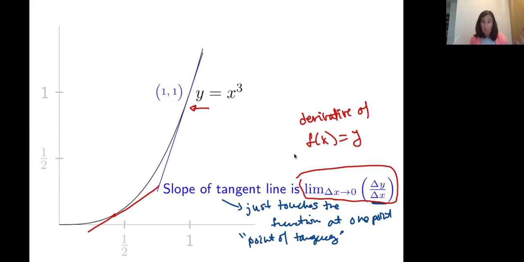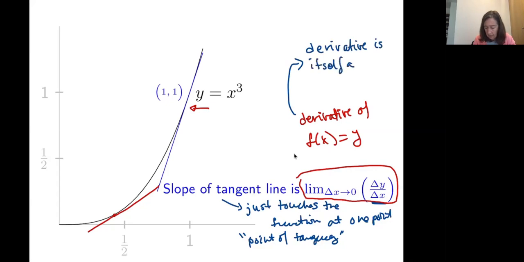That's a feature, not a bug. That's something that we like. So I lost my train of thought there, but now I found it. The point that I want to emphasize here is that the derivative is itself a function of x.